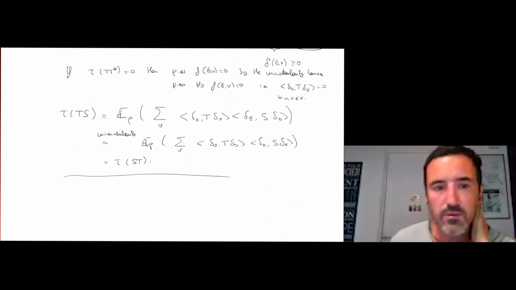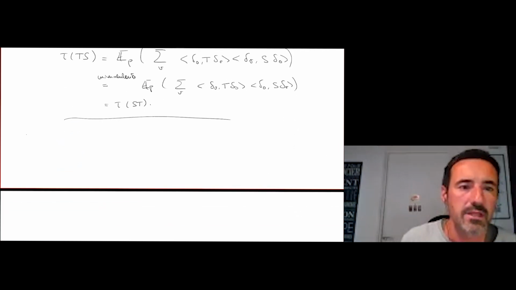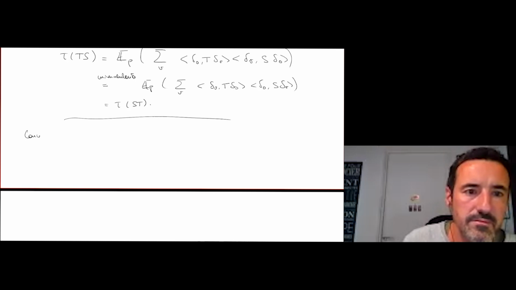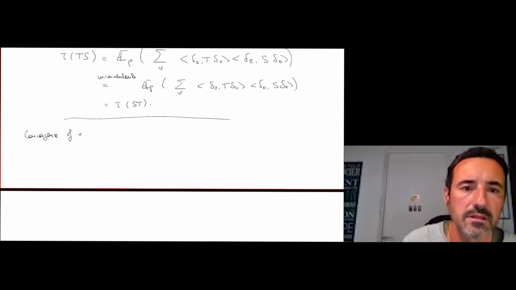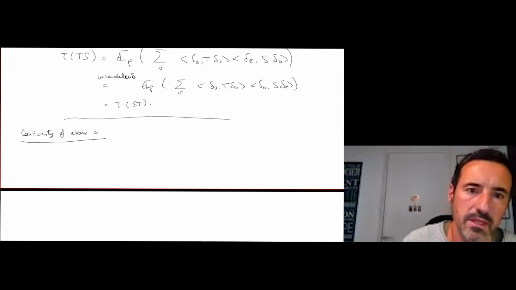In fact, more is true, and this is what I'm going to explain, and it has very nice consequences. Let's call that convergence of atoms, or maybe I could write continuity of atoms of the spectral measure.